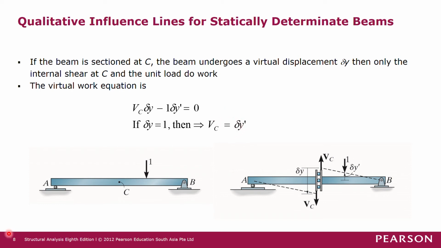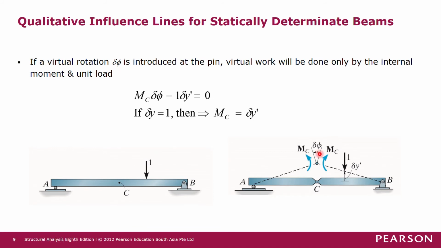Muller-Breslau principle. And as for bending moment, if a virtual rotation del phi is introduced at the pin, virtual work will be done only by the internal moment and unit load. As we have seen just now, we replace point C with a pin, and then put in the positive bending moment, and this positive bending moment will cause the beam to deflect in this manner.